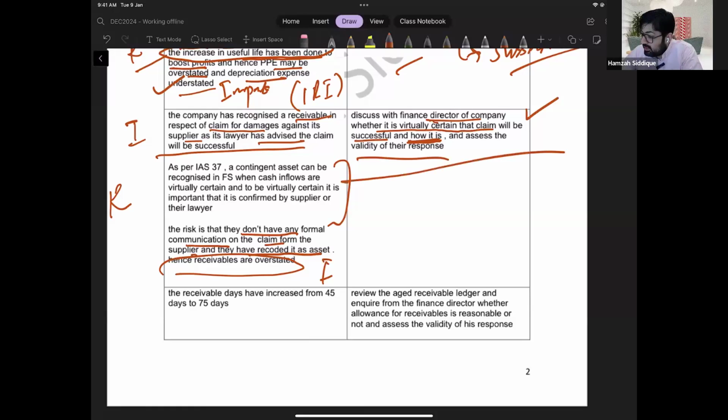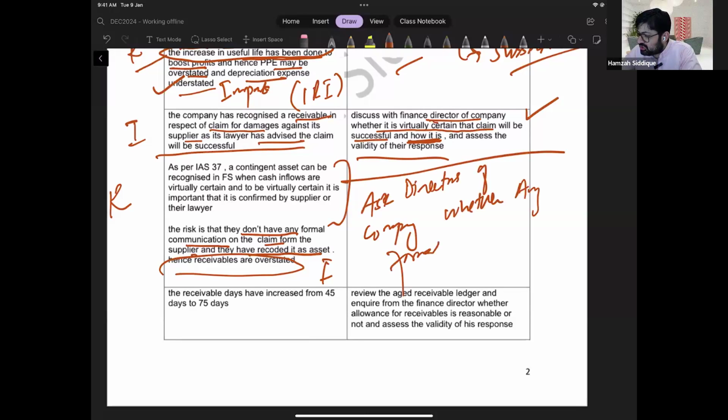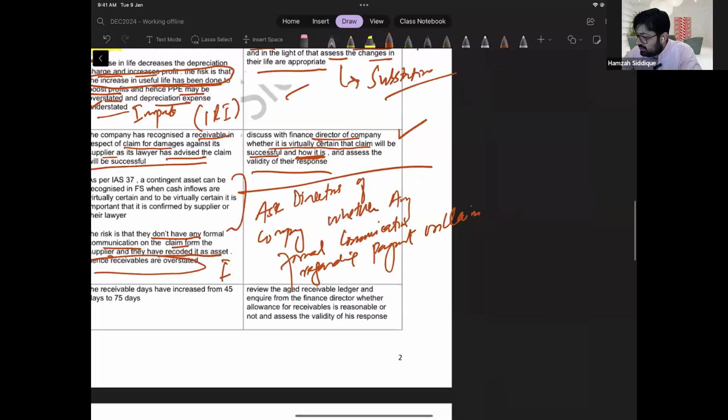Another student writes, ask the director of the company, another response that may also be valid, whether any formal communication regarding payment on the claim has been received from the supplier or their lawyer or not.